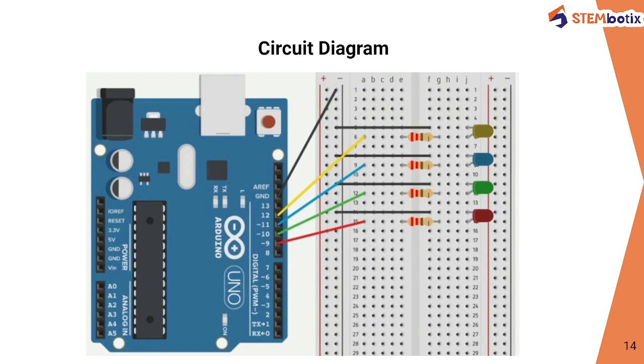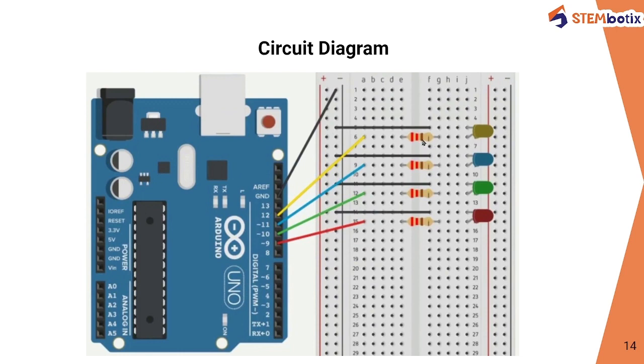This is the circuit diagram to connect four LEDs with the Arduino Uno board. As we connected a single LED, similarly we are adding three other LEDs. Place the LEDs onto the breadboard something like this and connect one terminal of each resistor to the anode of each LED.